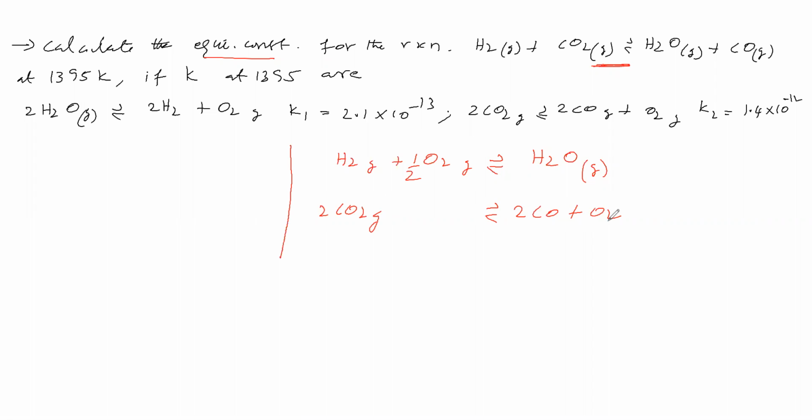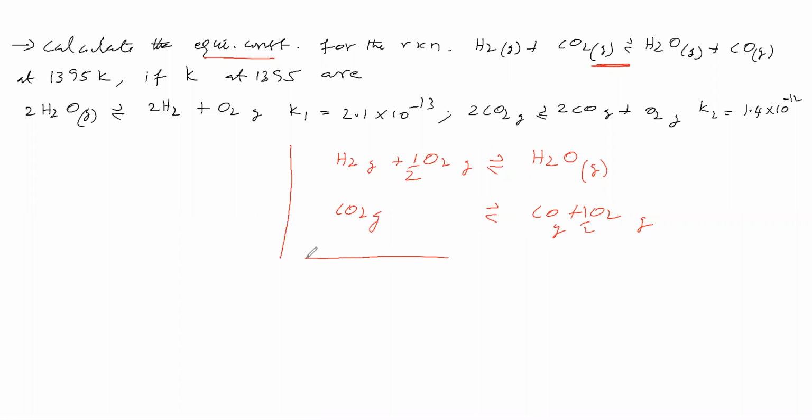O2 is gas, CO is gas. We want CO2 gas one time, but in this equation it is present 2 times. Therefore, divide this equation by 2, so here 1 by 2.